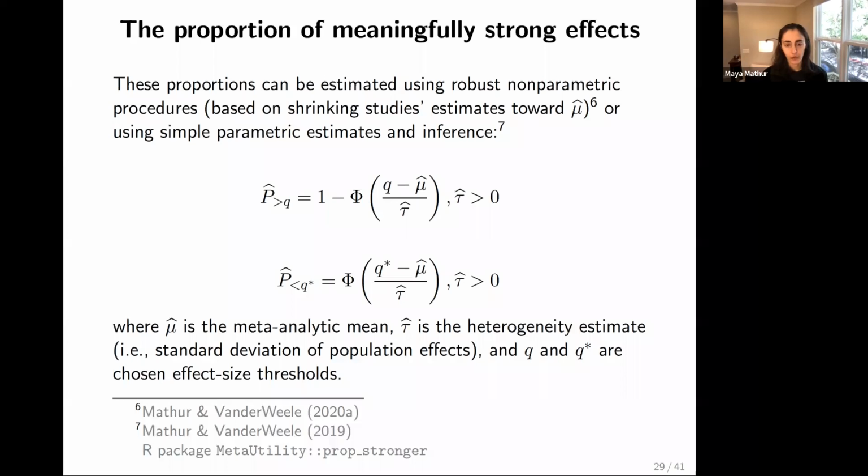And similarly for the proportion of effects that are less than some other threshold Q star, we can just look at the lower tail of the appropriate fitted normal distribution. This is implemented in an R package called Meta-Utility if you want to try playing with this.